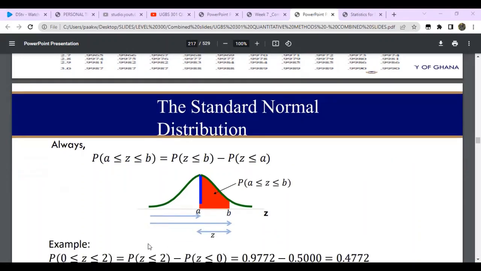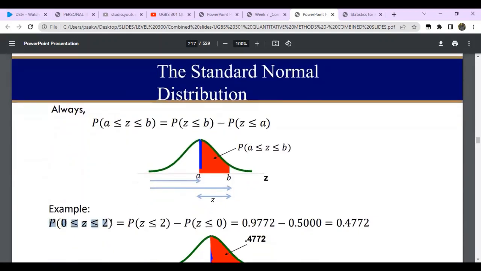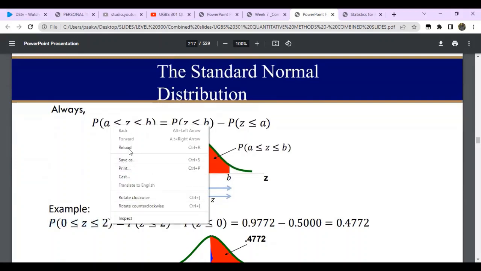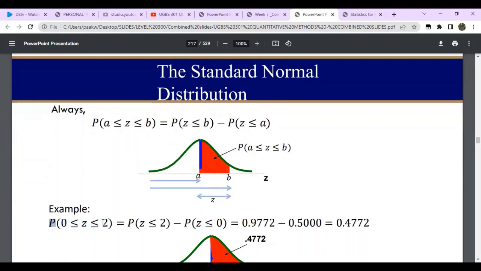So there's an example here. So they are saying that you should find probability that 0 is less than or equal to, let me copy this one. So this is the question.